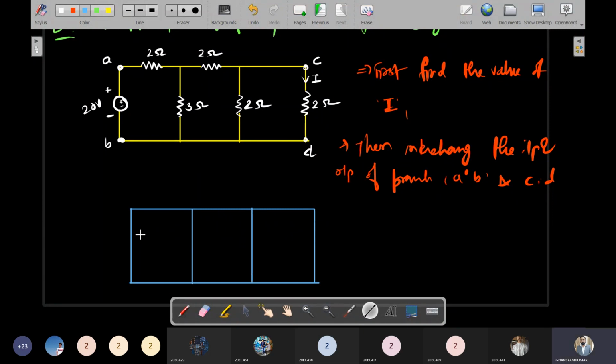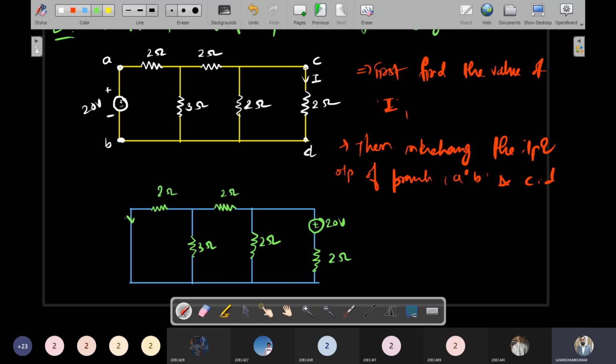This side will be short circuited to the other part. All the elements will remain the same. This side the source will be added. This is 2 ohm. This is 3 ohm. This is 2 ohm. This is 2 ohm. This side, this 20 volt source, and this is 2 ohm once again.